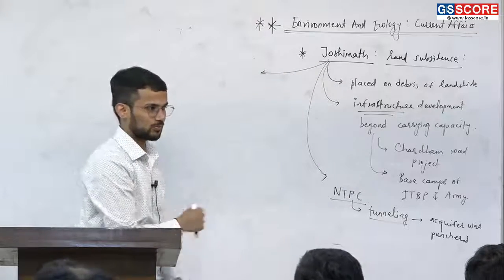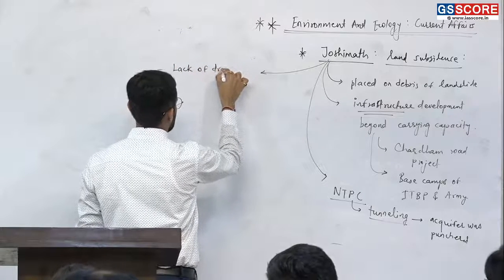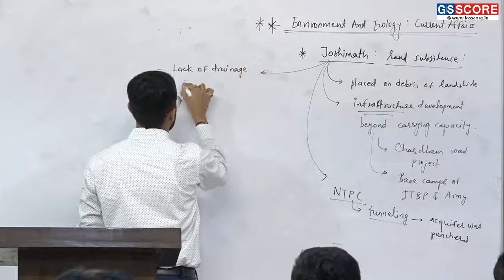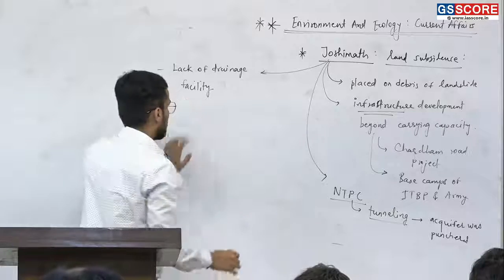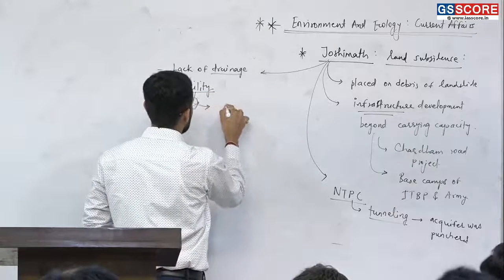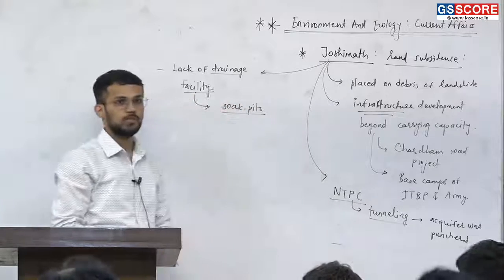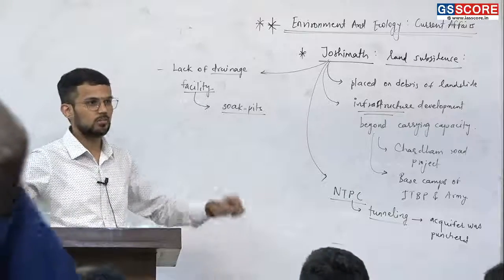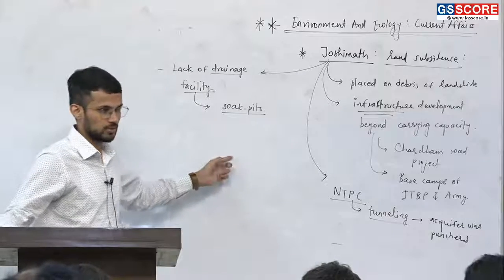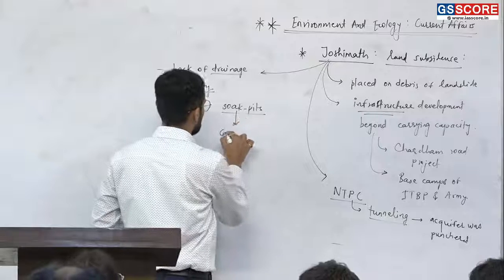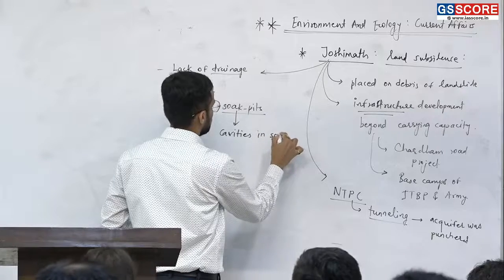Fine. One more. There is lack of drainage facility. And as there is a lack of drainage facility, soak pits are used. It is said that more than 80% of houses in Joshimath use soak pits. And as a result of the use of soak pits, there can be production of cavities in soil.